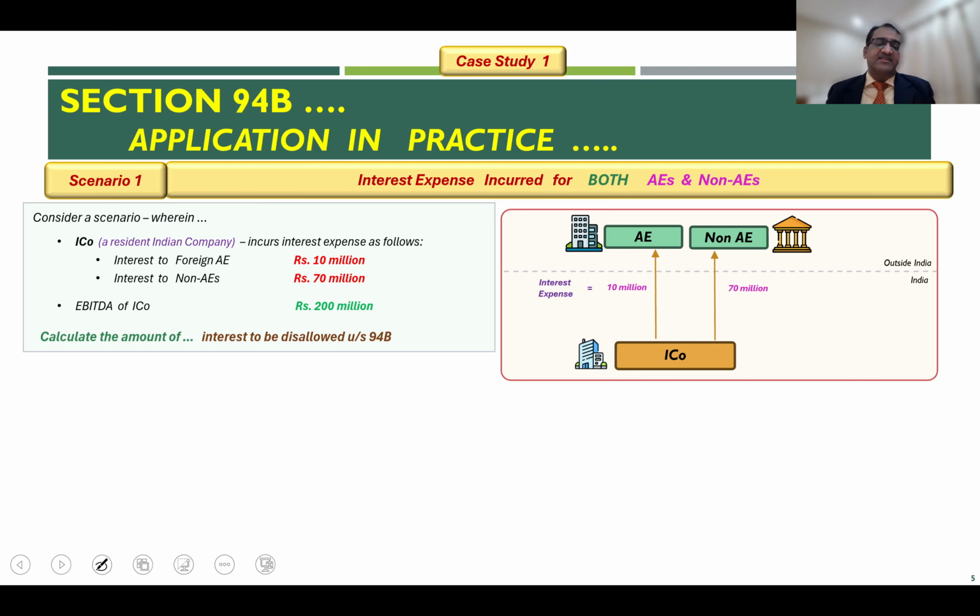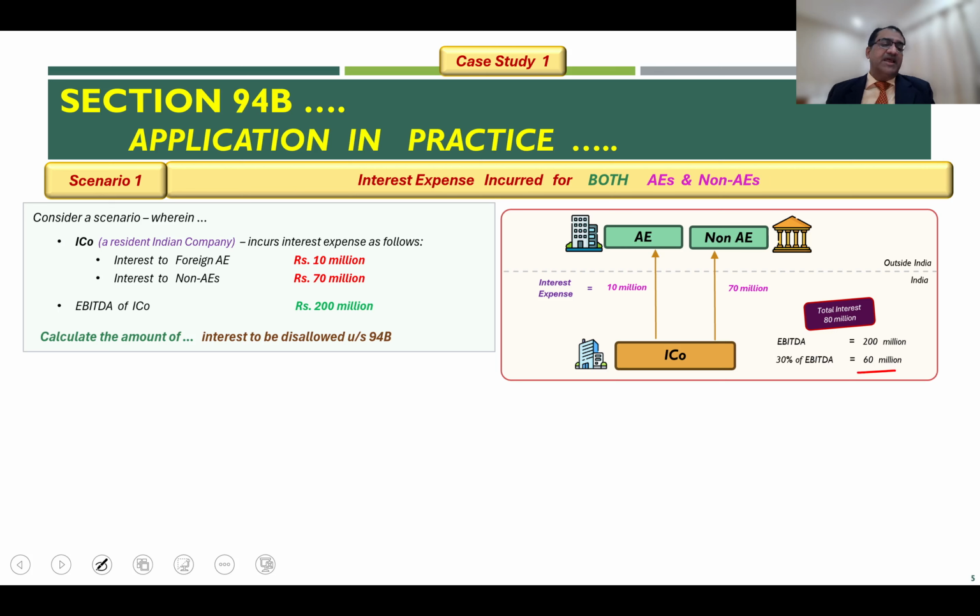As I mentioned in this case study, ICO is overall paying a total interest expense of 80 million, out of which 10 million is to the AEs and the balance 70 million is to non-AEs. Now, on the right hand side, total interest is 80 million, EBITDA is 200 million, and 30% of that 200 million EBITDA is 60 million.